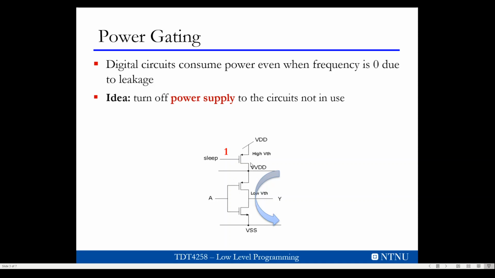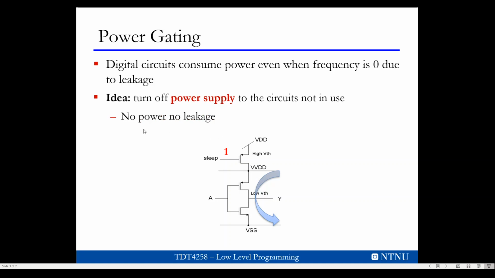So the sleep transistor is usually in a higher technology node compared to these transistors that are really doing some useful work. Okay, so this is how, by disabling the power supply to the main circuit, power gating saves both static and dynamic power consumption.